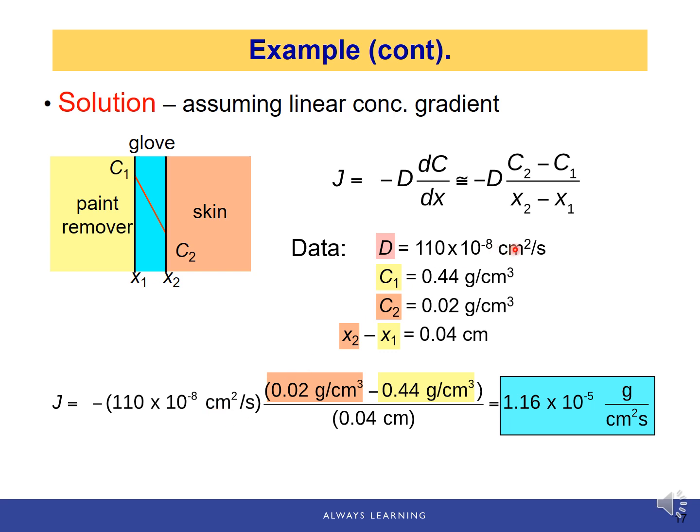All the distances are given in centimeters, and the time is in seconds. The mass is in grams, so J is solved to be positive 1.16 times 10 to the negative 5 gram per square centimeter per second. And that's again why we have a negative sign in Fick's first law, and your answer should be a positive value.